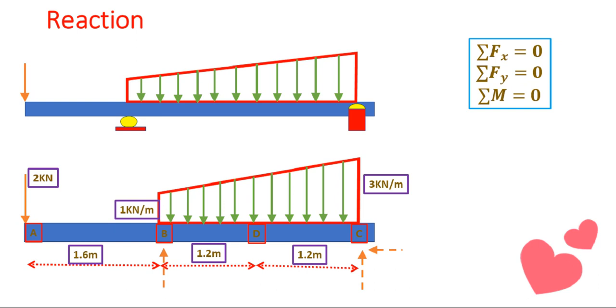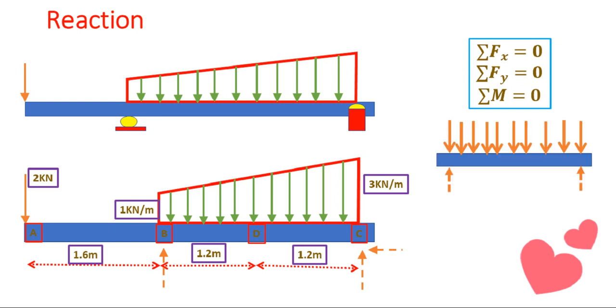To explain this, let's take a simple case of a uniformly distributed loading with intensity F. See, this is a uniformly distributed loading because the intensity is uniform from start to end. In the question that we are discussing, it's a uniformly varying loading because our intensity is varying. Okay, it's easy.